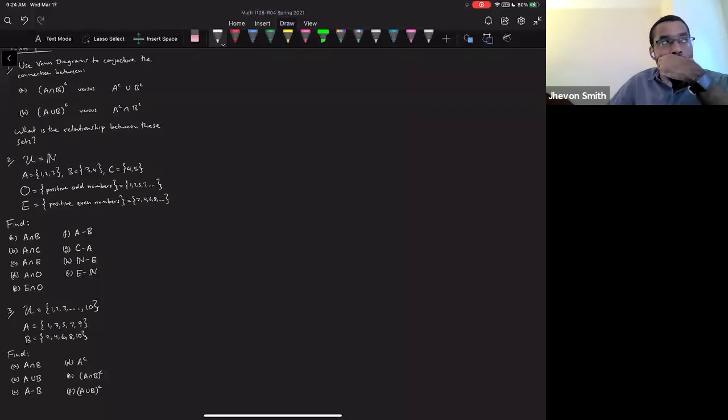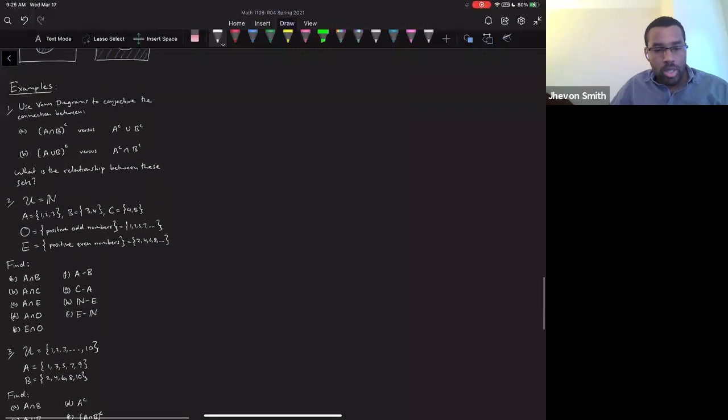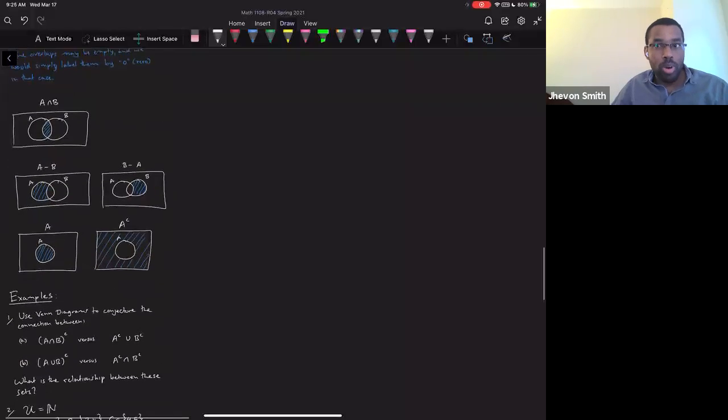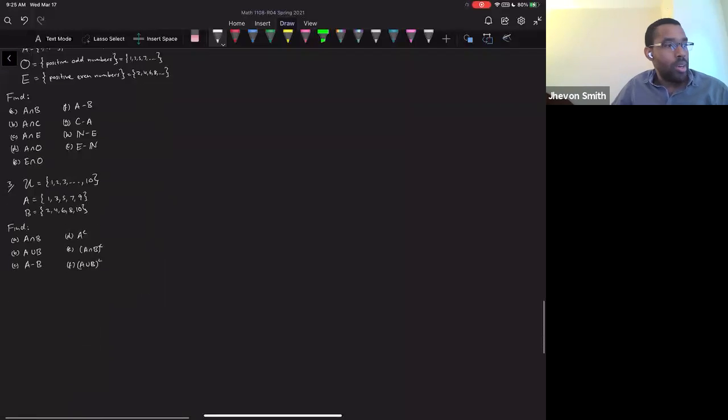Talk about a very important concept next time called the inclusion-exclusion principle, maybe some other things, and then moving on to probability afterwards. And then I'll also want to give you some actual examples on Venn diagrams, like word problems that you can use Venn diagrams to figure out. Yeah, so that's what's coming up, and we'll start probability next week.